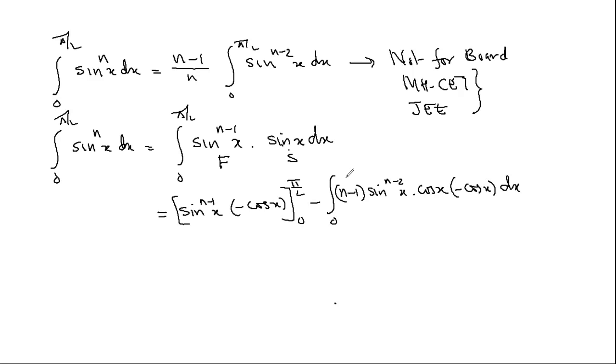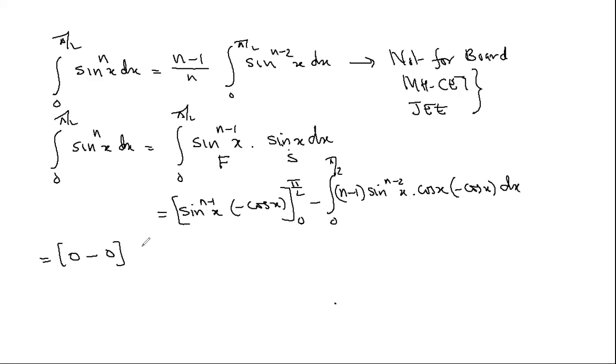Put the limit 0 to pi by 2. When you replace x by pi by 2, cos will become 0. When you replace x by 0, sine will become 0. So this whole calculation will be 0 all the time.